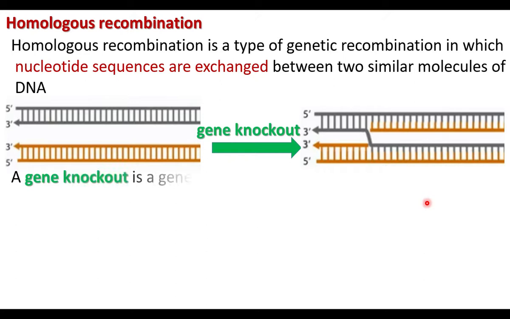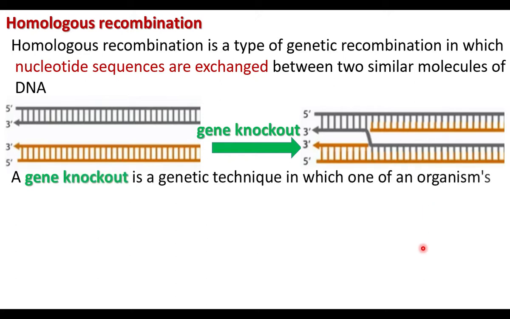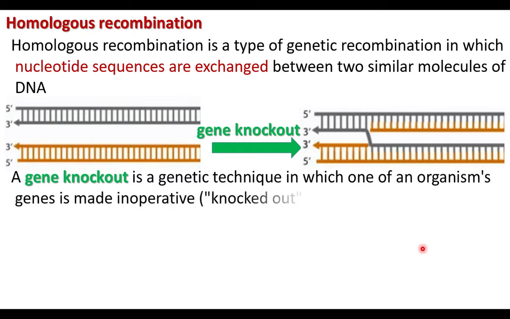A gene knockout is a genetic technique in which one of an organism's genes is made inoperative, knocked out of the organism. The gene may be removed or the gene may be inside, but it cannot function. That is gene knockout.